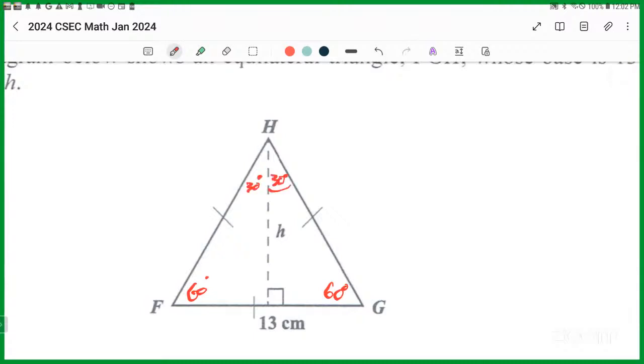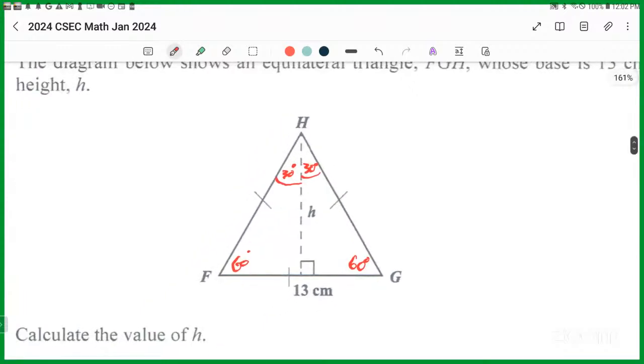So that's some information you know by virtue of it being equilateral. Additionally, this is 13, and this side is also 13, and this side is also 13. So I have multiple ways to calculate this height. Now we can decide to work, for example, in this triangle, which is a right angle triangle.